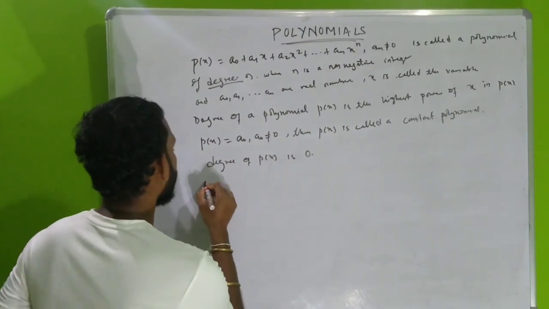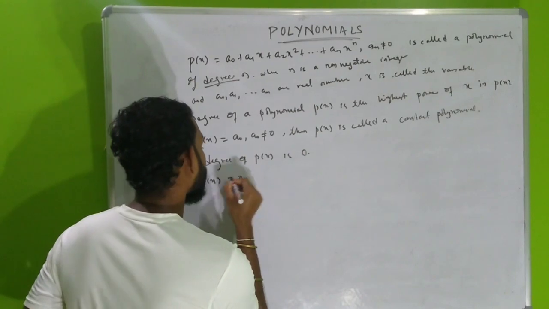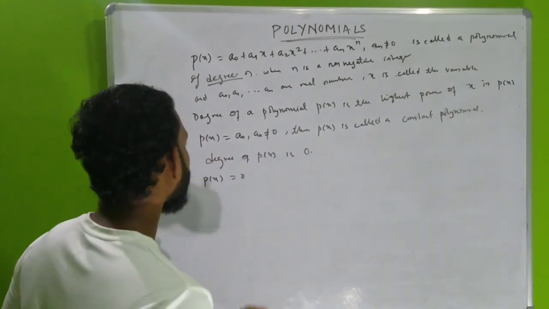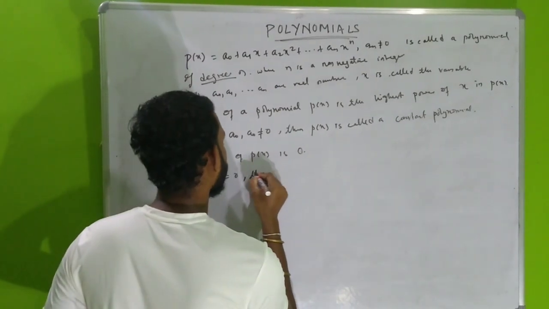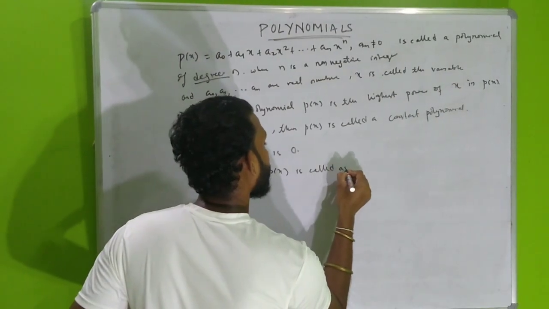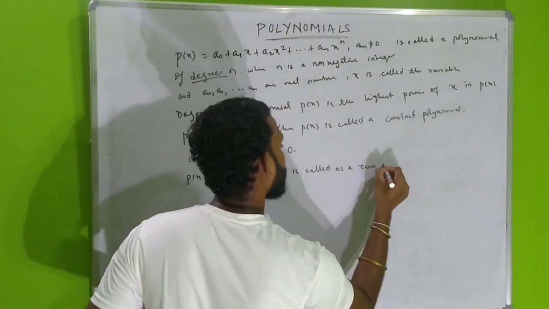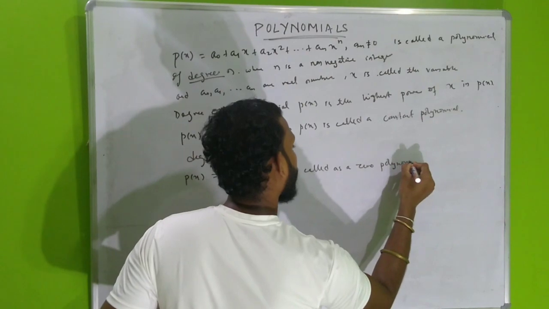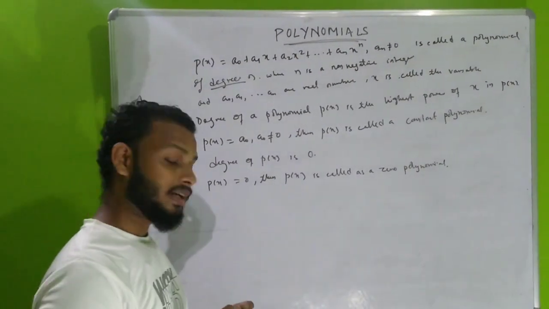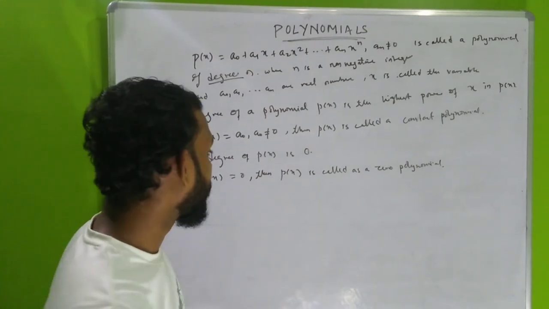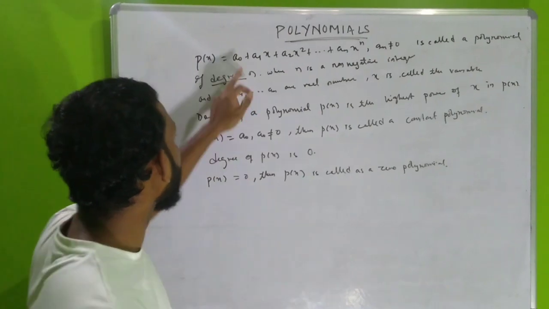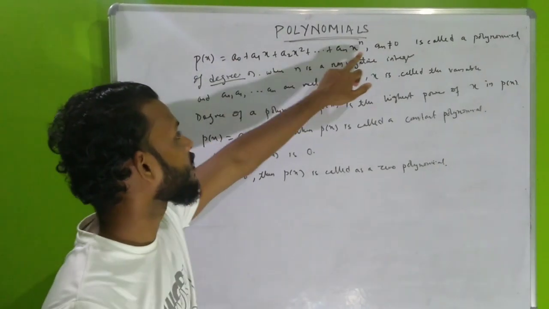If p of x is equal to 0, meaning a naught is equal to 0, then what will happen? Then p of x is called a zero polynomial. What is the degree of this polynomial? Clearly, if it is a zero polynomial, then a naught is 0 and all these terms are 0.